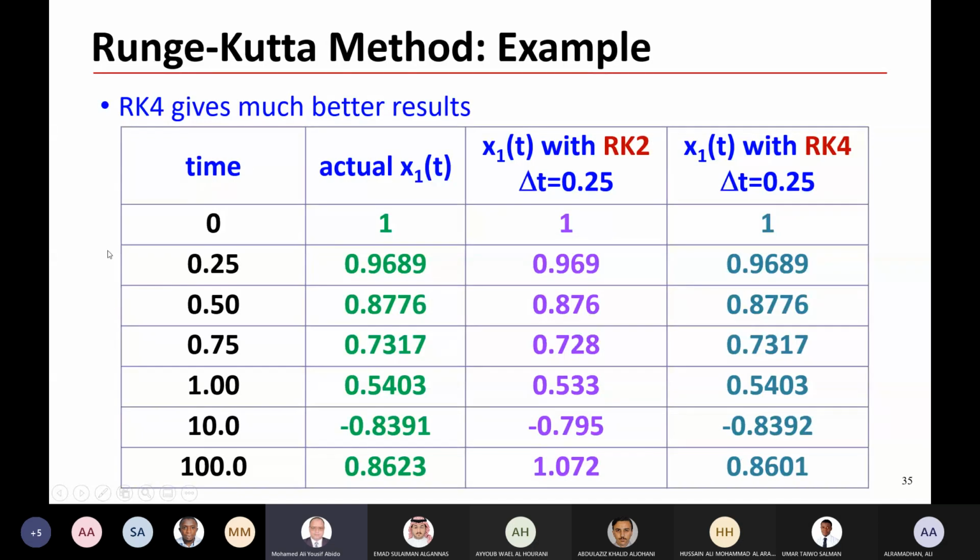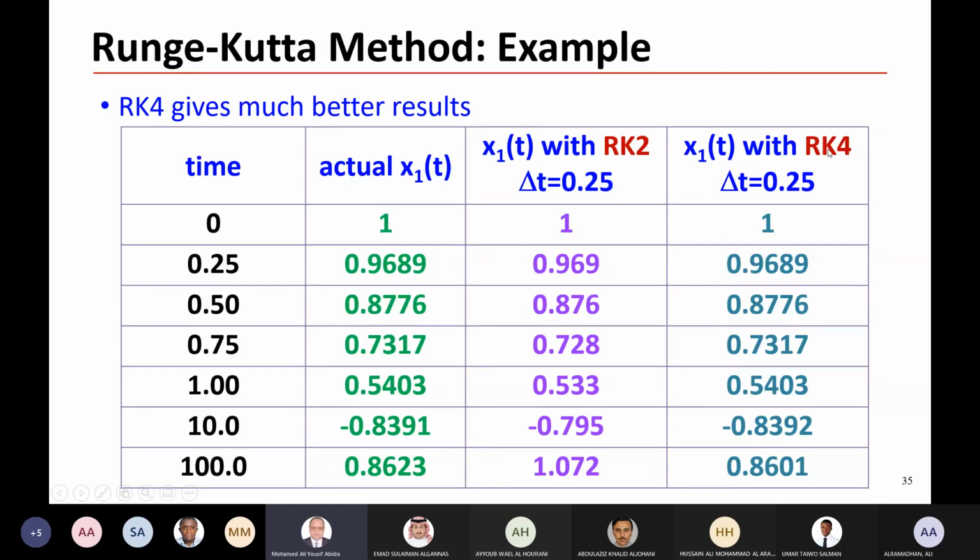The Runge-Kutta method gives much better results, of course. The second order Runge-Kutta method, or modified Euler method, uses 2 approximations. Here you use 4 approximations. For delta t equal to 0.25 and up to 100 seconds, this is the actual value for the same example, and this is the Euler or modified Euler method, which is not accurate.